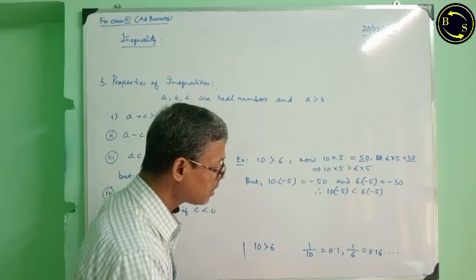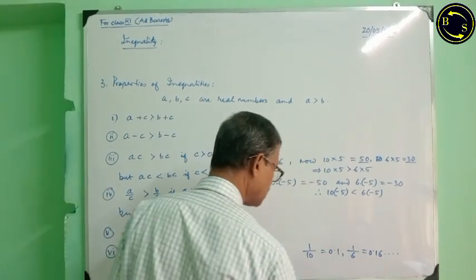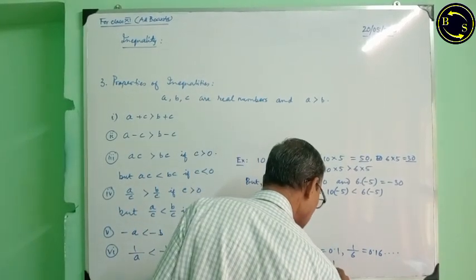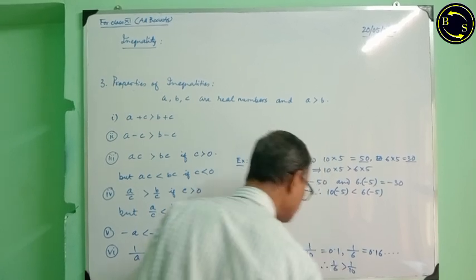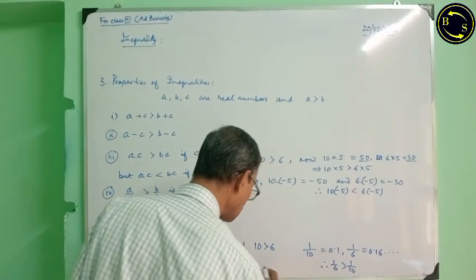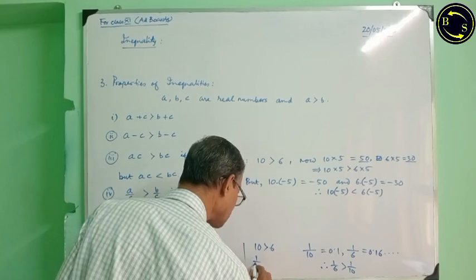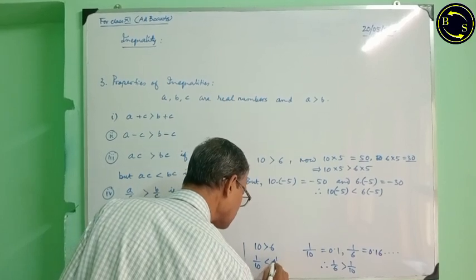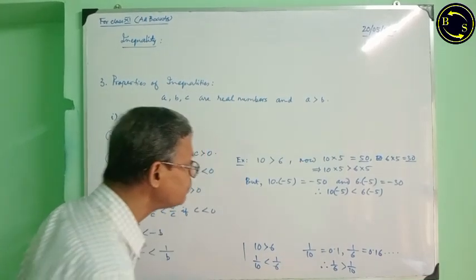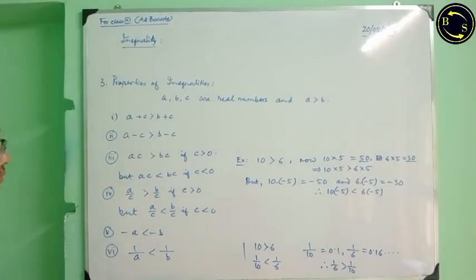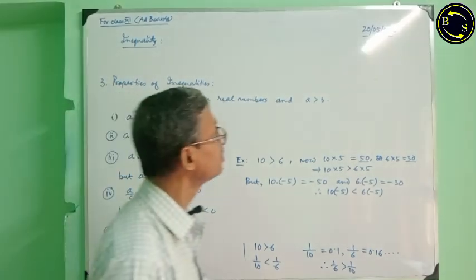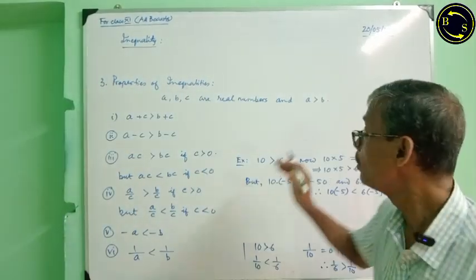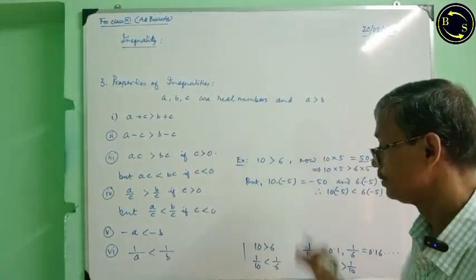Now, which one is greater? This right hand side is greater. That means 1 by 10 is less than 1 by 6. Therefore, this property holds, meaning the inequality reverses.